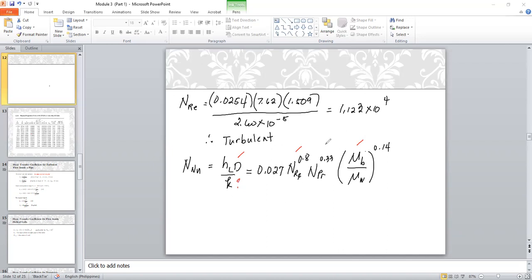You need this, you need this one, and you need this. That way, the only remaining unknown here is the heat transfer coefficient, which we will be needing for the heat flux. So I need to find the k, we need to find the Prandtl number, and we need to find the viscosity based on the wall temperature.